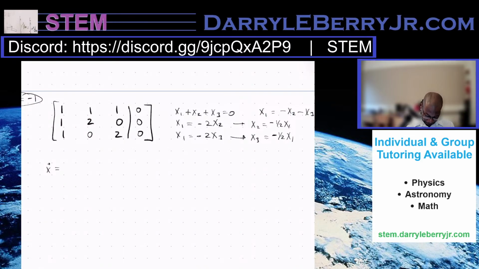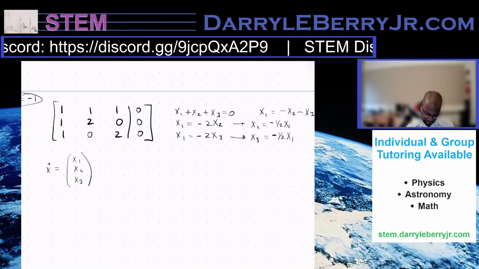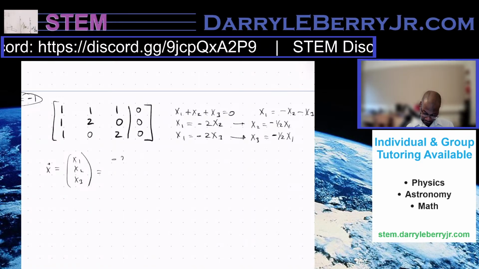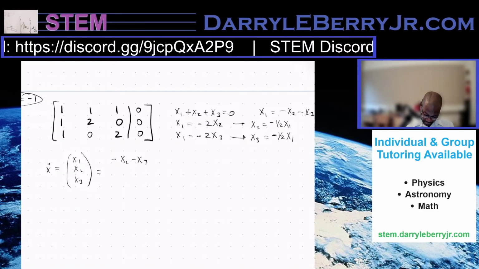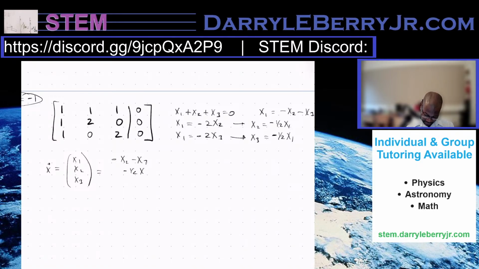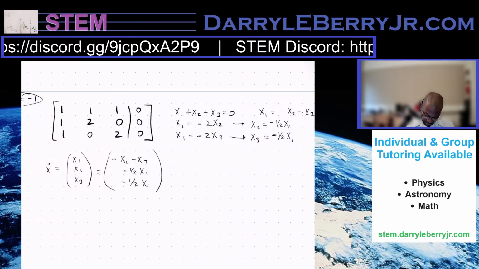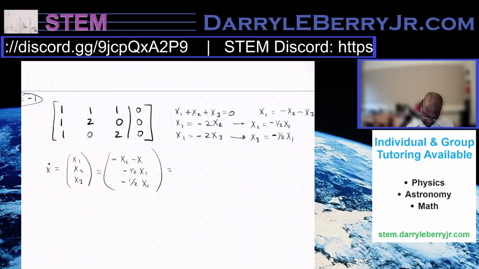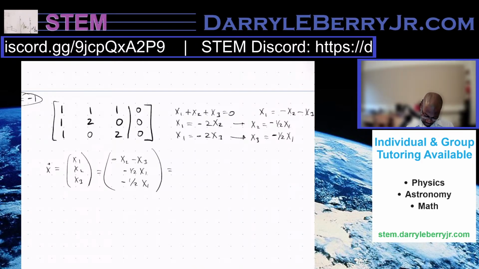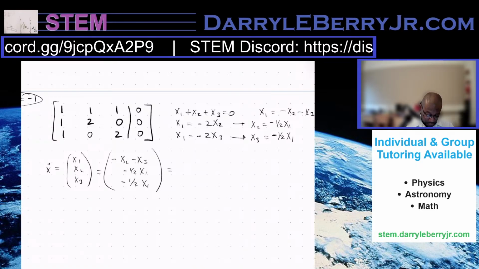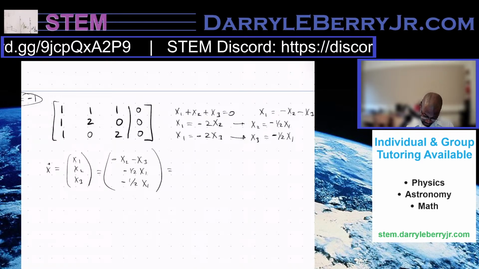So x equals x1, x2, x3, which equals negative x2 minus x3 and negative 1/2 x1, negative 1/2 x1. So that equals, we have x1 equals those.